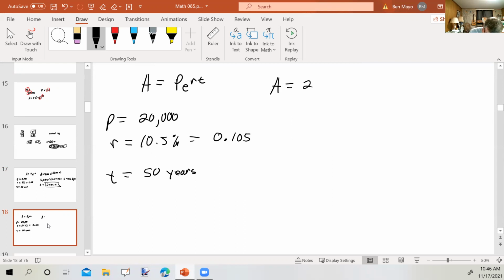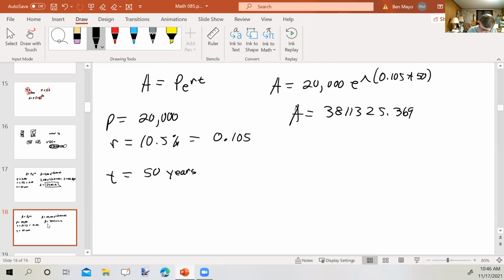So A equals 20,000 times e to the 0.105 times 50. 20,000, second, e to the 0.105 times 50, close it up. 3811325.369, and the 6 is in the hundredths place.